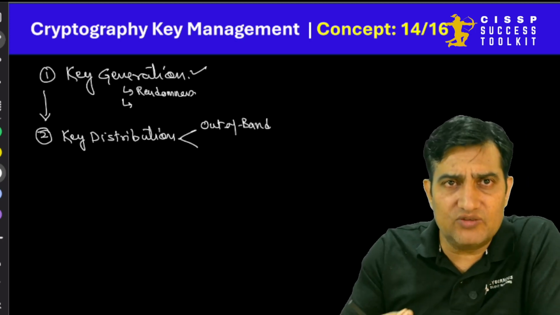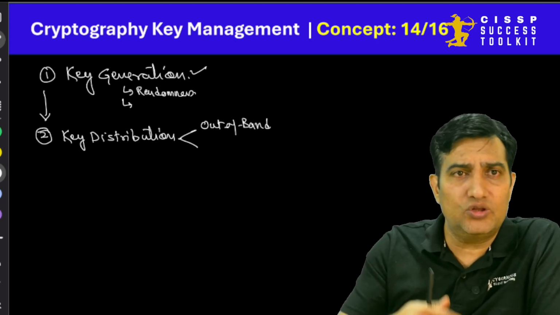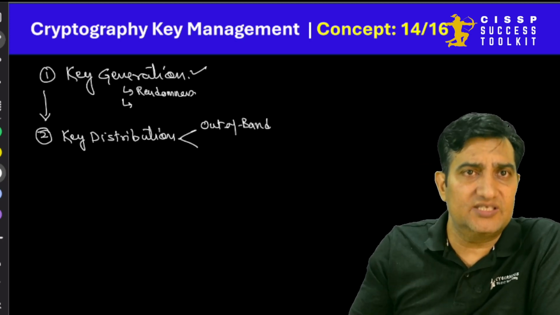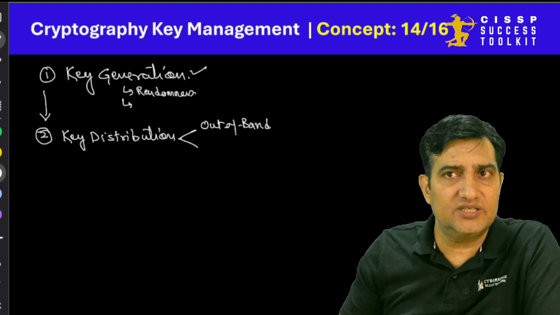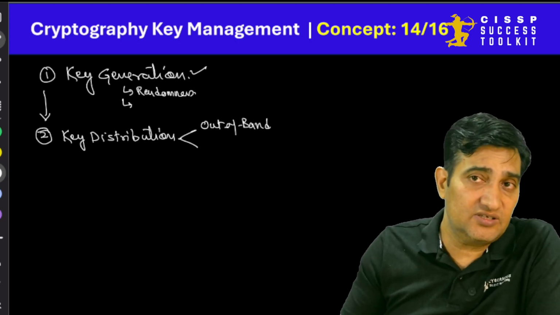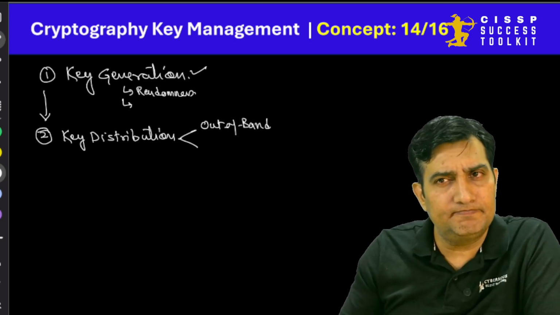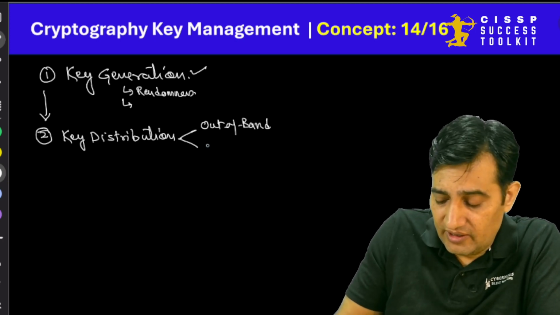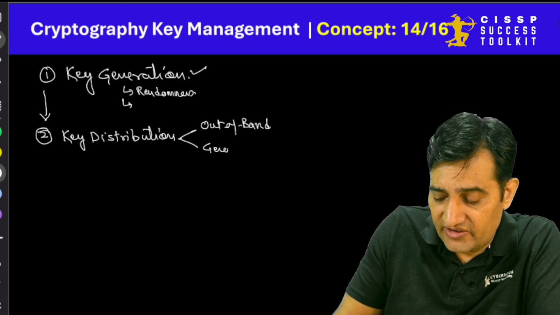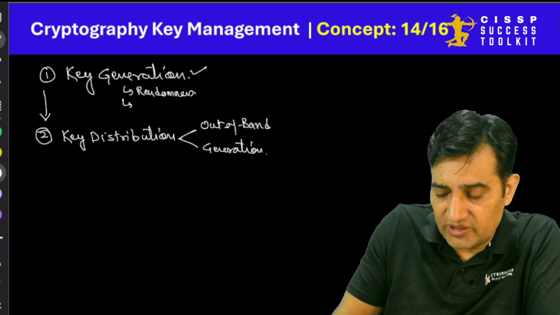Or in today's world, we ask the user to authenticate and then generate their own keys. They can automatically authenticate and generate their own keys. That is also one of the mechanisms which is very popular nowadays. So the second one is auto generation by the user itself.